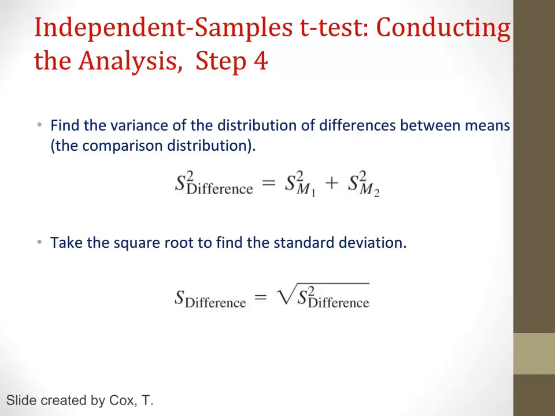Once we've calculated this value, we can take the square root to find the standard deviation of the distribution of differences between the means, called S difference. This last value is the one that we will use to compute our t-score. It's used in the formula that we looked at earlier and that we'll look at again in step 6.